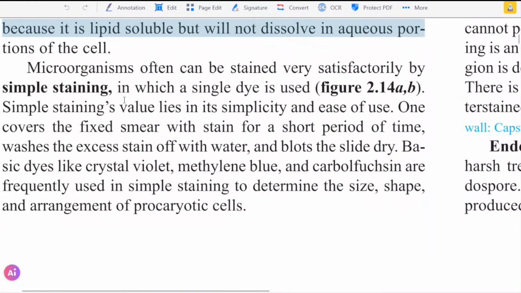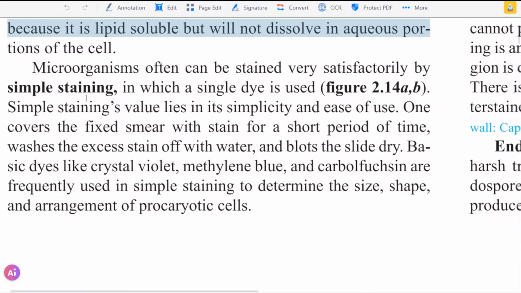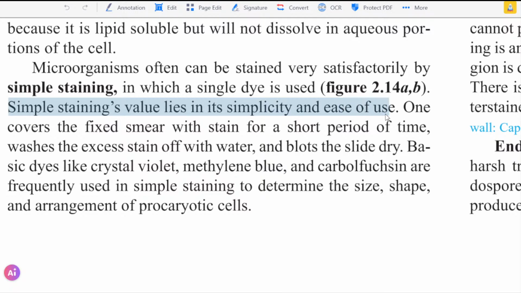Microorganisms often can be stained very satisfactorily by simple staining in which a single dye is used, right? They are saying usually by simple staining, one dye is enough for staining microorganisms. Simple staining's value lies in its simplicity and ease of use. Like just put the microorganism on a slide and it will stain.